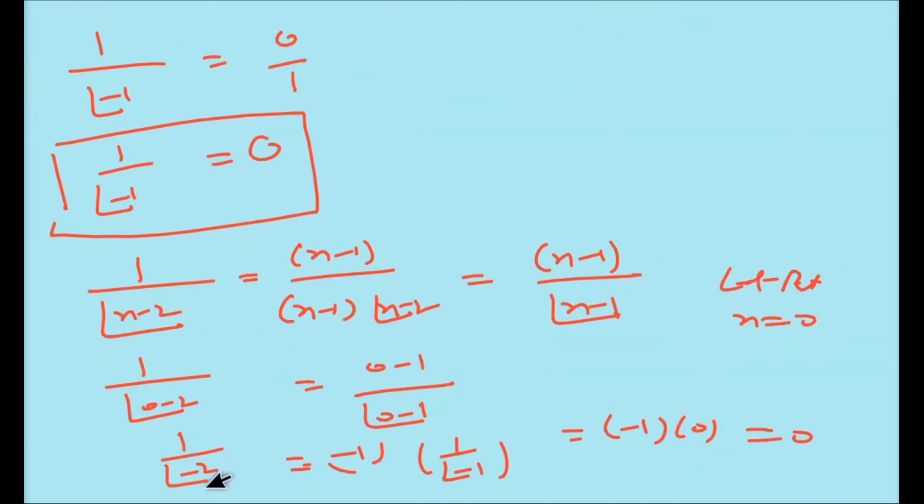So 1 upon factorial minus 2 is also 0. Okay.